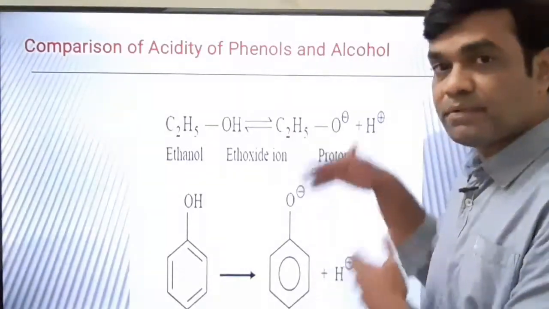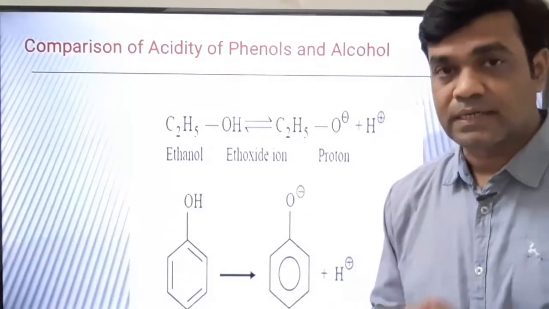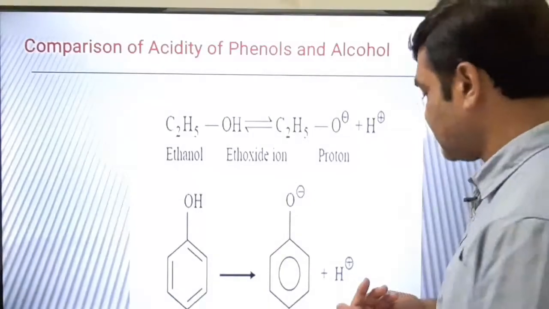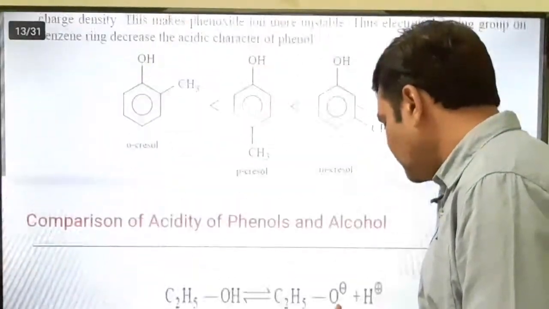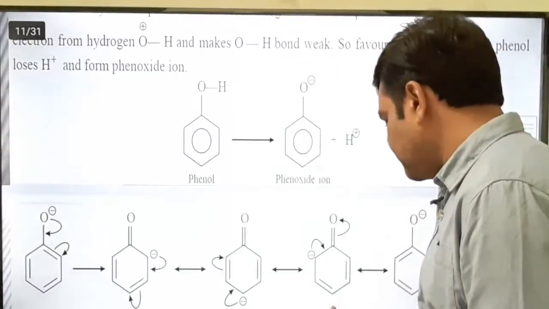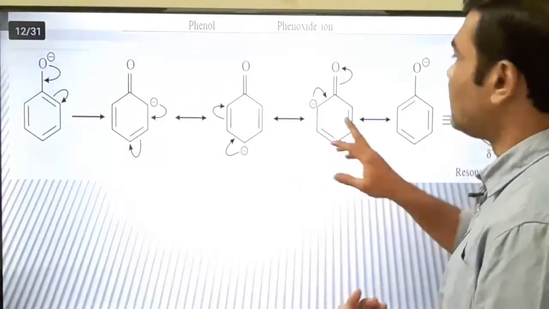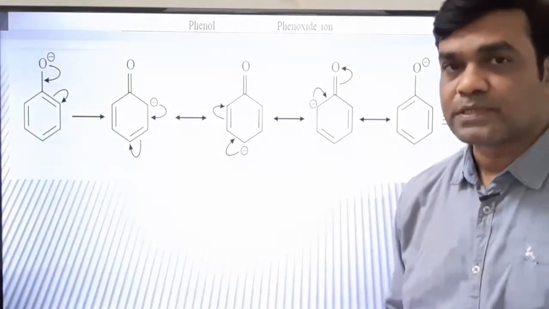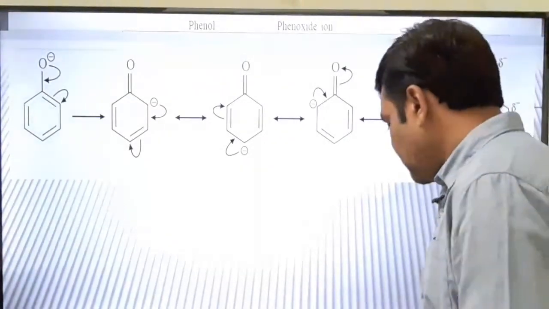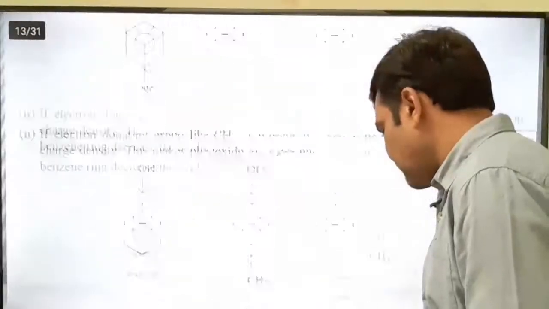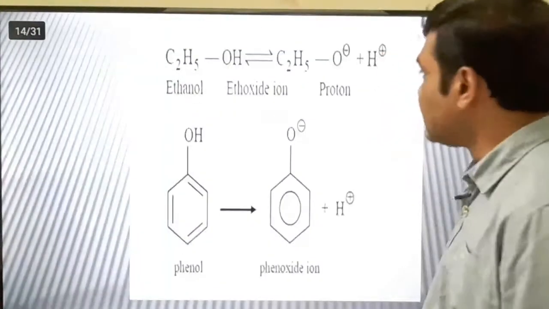In the phenoxide ion, we discussed in the last lecture that there are resonating structures. I can show you here the resonating structures of the phenoxide ion again. See, these are the resonating structures of the phenoxide ion, and the more the resonating structures, the more the stability. Such resonating structures are not there in the ethoxide ion.